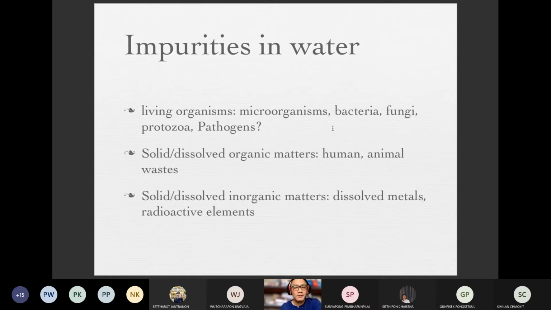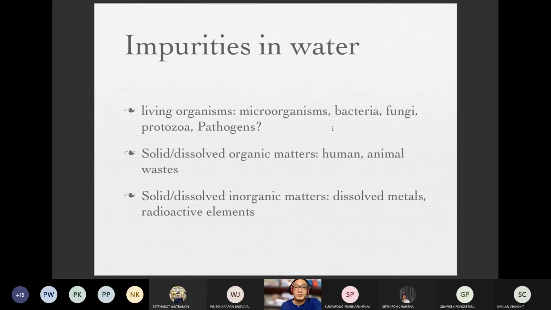Other types of impurities can also be classified as solids or dissolved, or as organic matter or inorganic matter. For the organic matter, mostly human excreta, animal manure, cow manure, and other animal manures. They are mainly organic matter, so we have to treat them in a way preferable for organic substances.